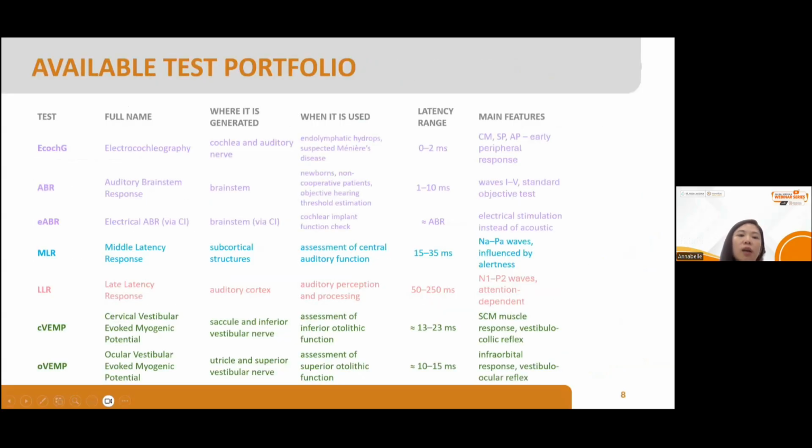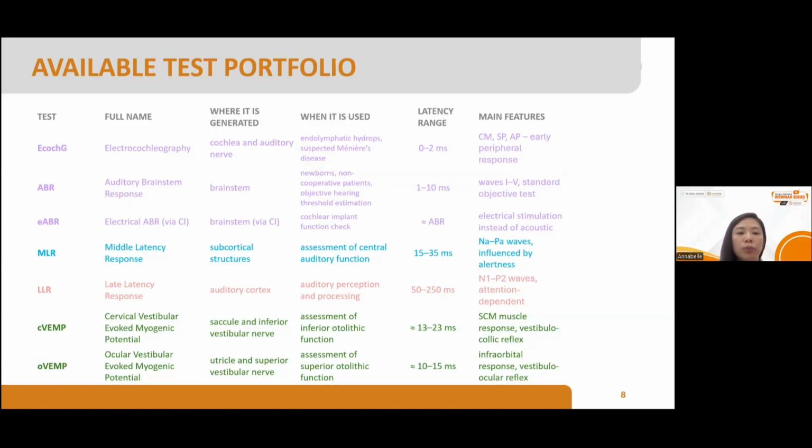So this is a table of what we are checking. And of course, we talk about the Celesta, the Italian Inventis brand, and what the Celesta can do to help with all these, okay? For the portfolio, we check the ECOG, the electrocochleography, and then the ABR, and the EABR.